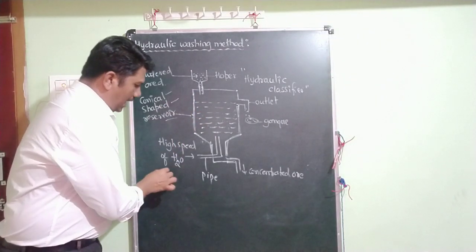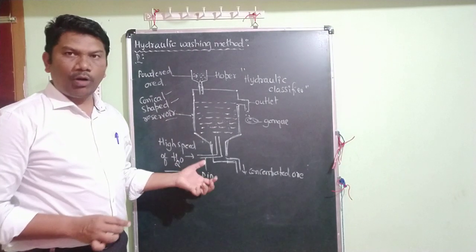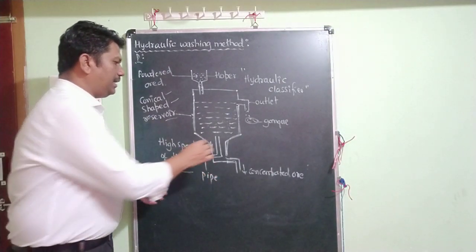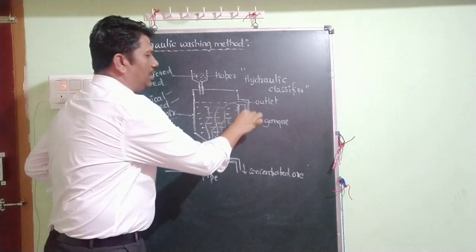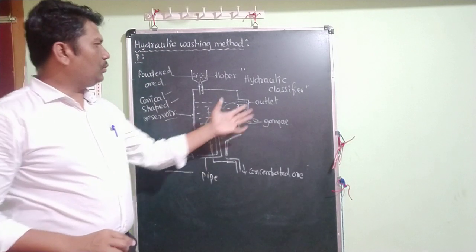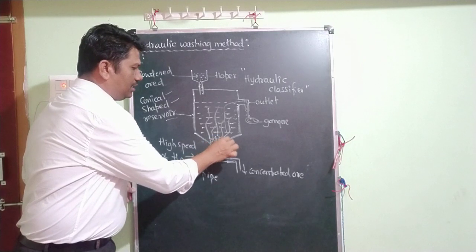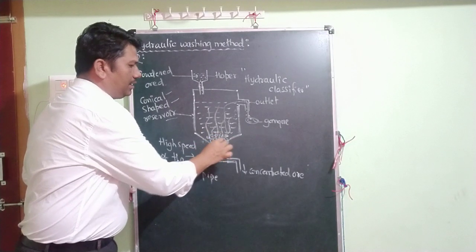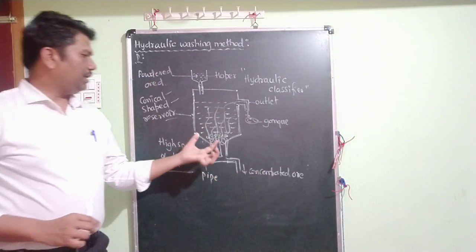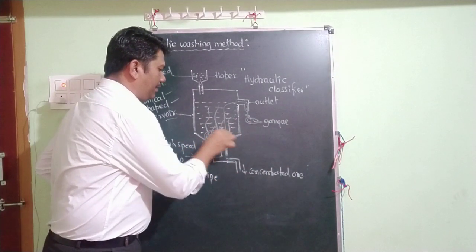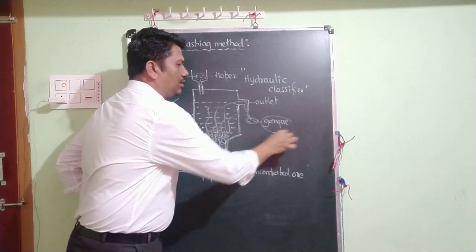Then a high speed of water is introduced through the pipe at the bottom, so that the lighter ganj particles are moved off and pass out through an outlet, leaving behind the heavier metallic particles at the bottom of the reservoir itself.